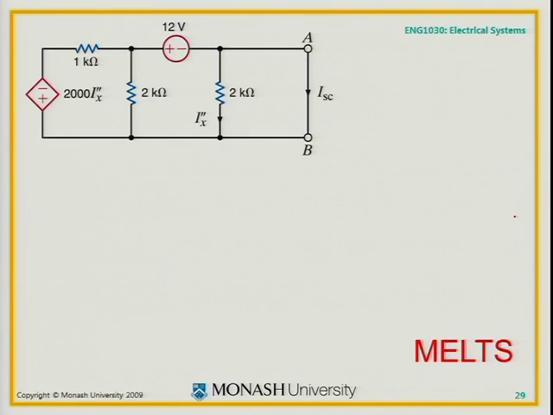Now we've got to find this short circuit current. The next stage, we short circuit the terminals and look at how much current flows down through those terminals from A to B. That's the short circuit current that we have to find. The next mesh I will set up should be maybe a quick one.